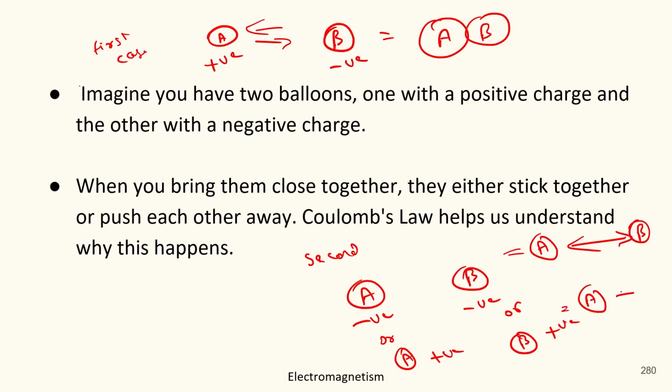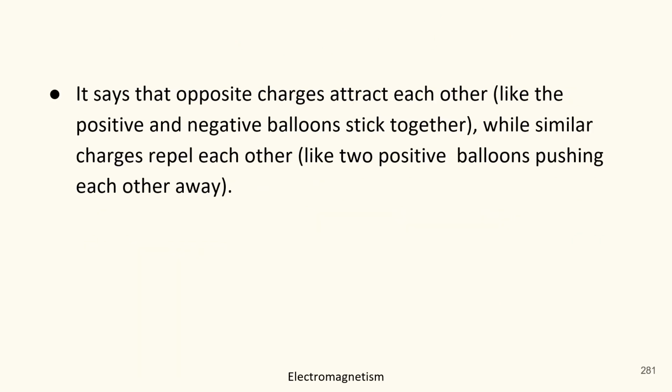Similarly in this case, they will repel each other. Okay, understood? And this is happening because of Coulomb's law. Because Coulomb's law states that the force of attraction between two particles is directly proportional to the product of their charges, and inversely proportional to the distance between them. Got it? Now come to the point that it says that opposite charges attract each other, as I have told you.